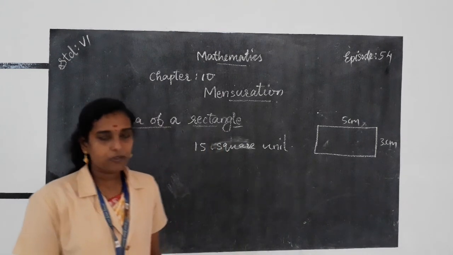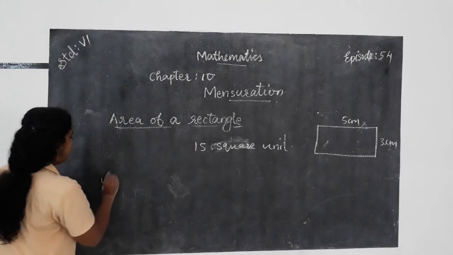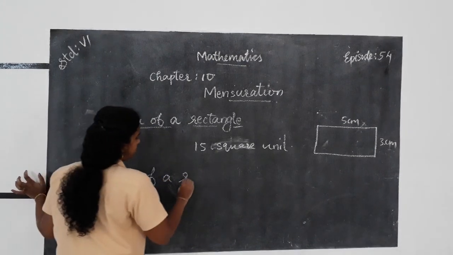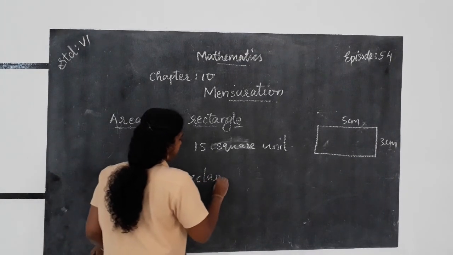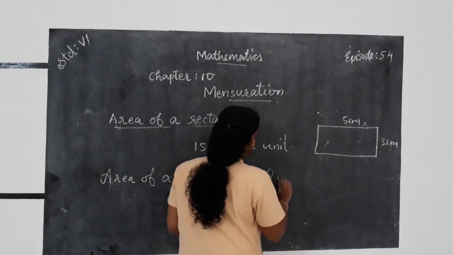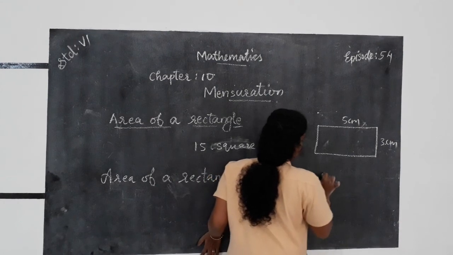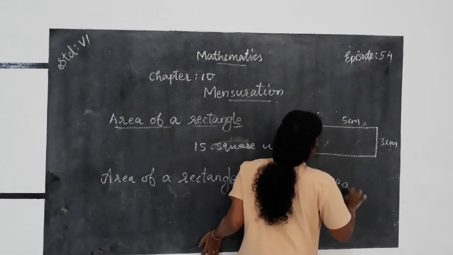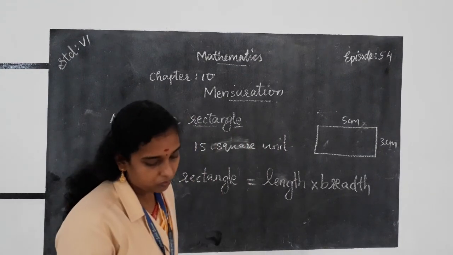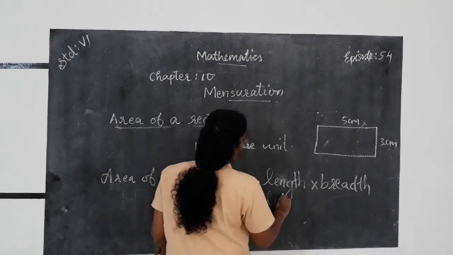So the area of a rectangle is equal to length into breadth, that is L into B.